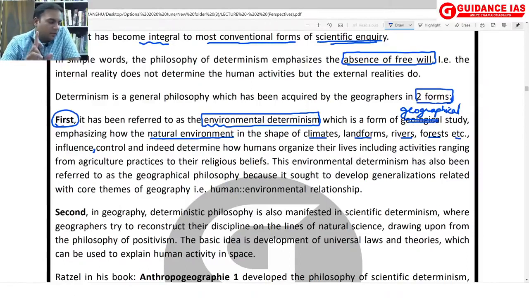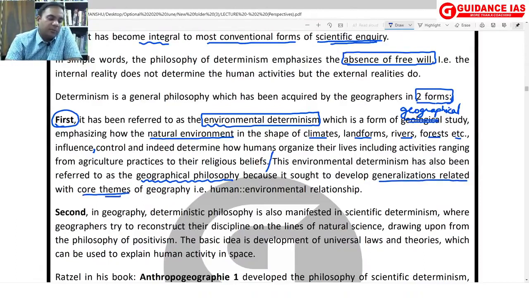Okay? So they influence, control and indeed determine how humans organize their lives, including activities ranging from agricultural practices to their religious beliefs. This environmental determinism has also been referred to as geographical philosophy or geographical determinism, because it sought to develop generalizations related to the core theme of geography.